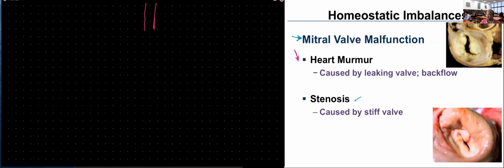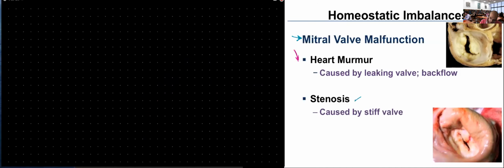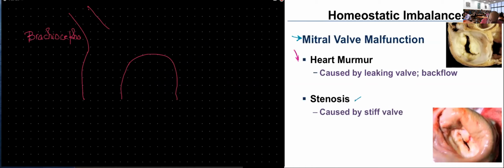So again, what we're looking at in here, we're looking at the aortic arch and its branches. This is my aortic arch. First branch from the aortic arch is my brachiocephalic trunk.